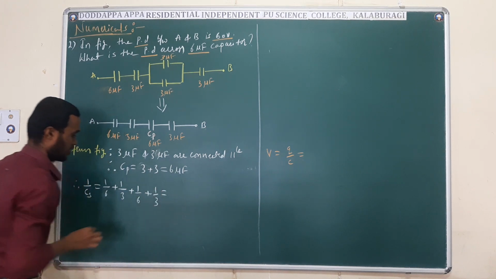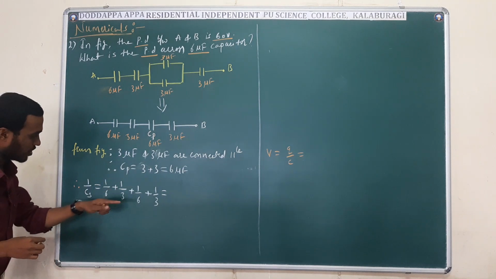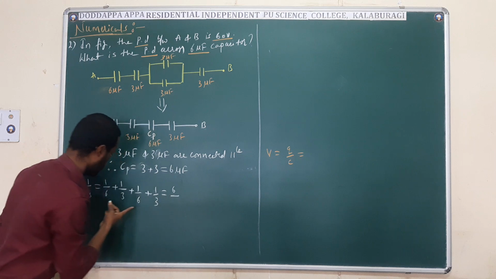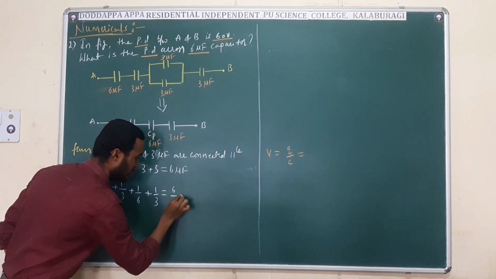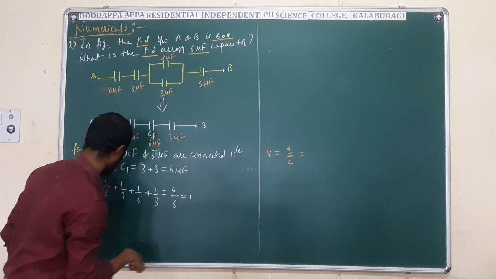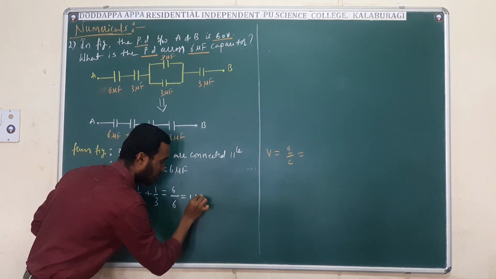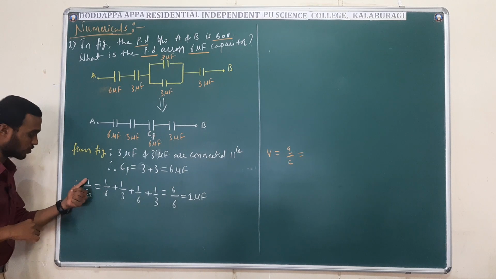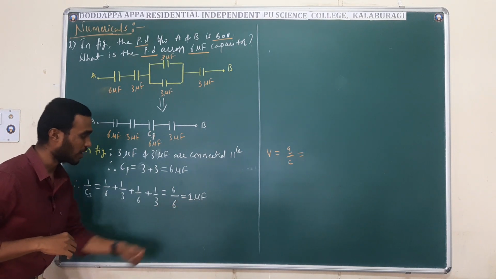Doing the calculation of this, we get 6 divided by 6, so that you will get 1. It is 1 microfarad. Check it, don't take simply 1 microfarad. So 1 by Cs is equal to 1 microfarad.